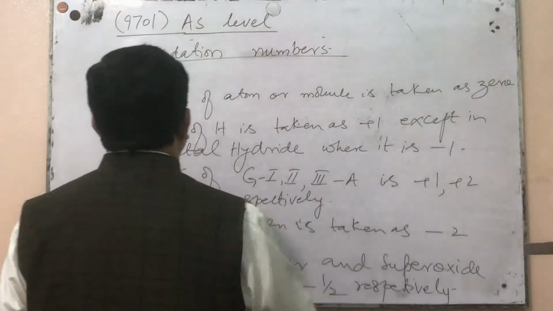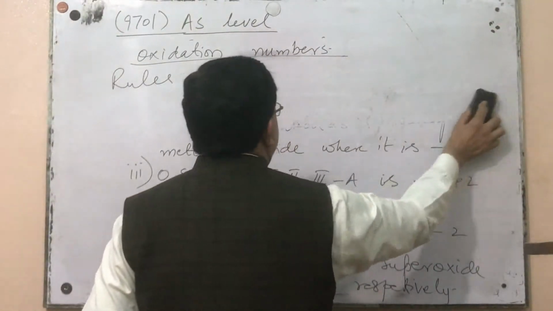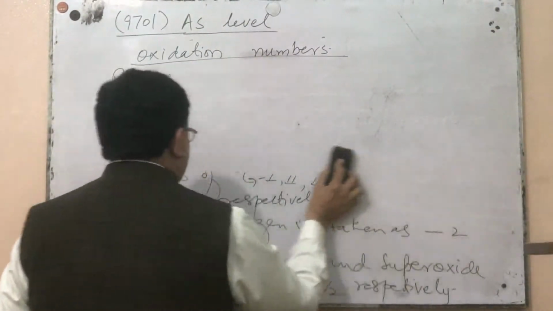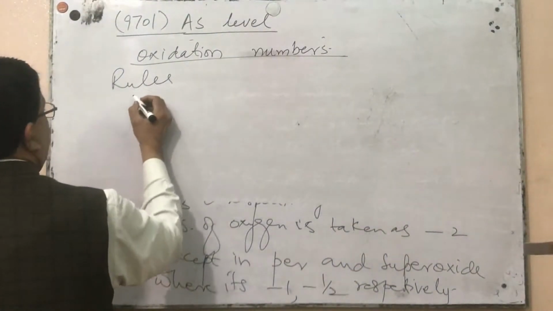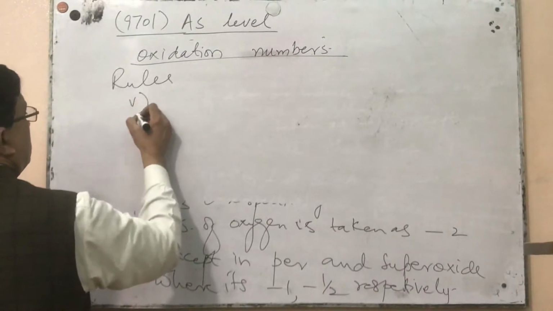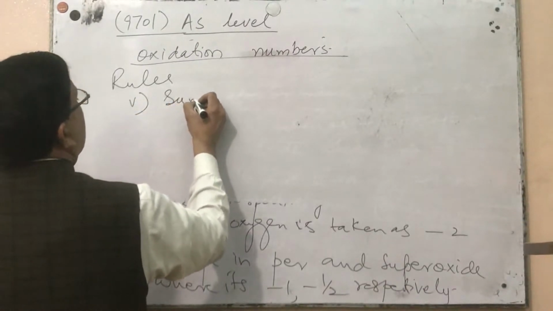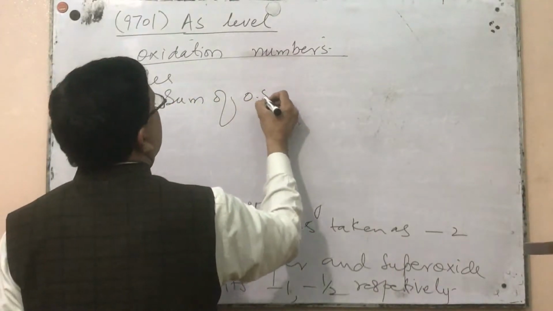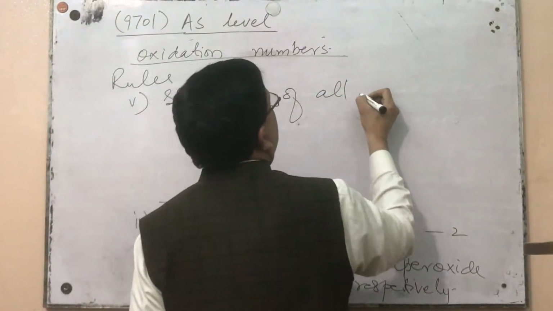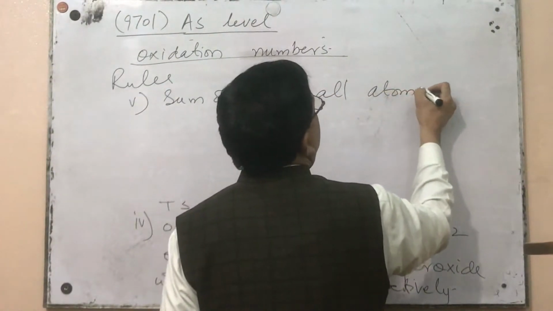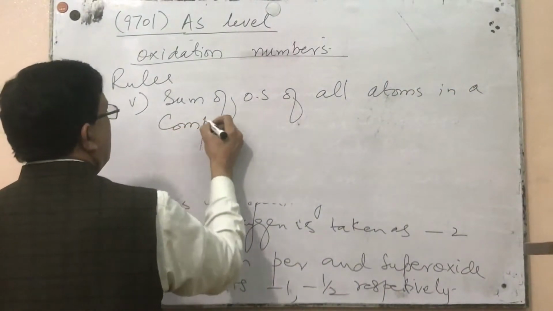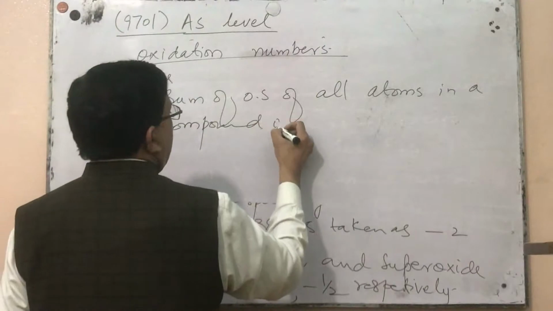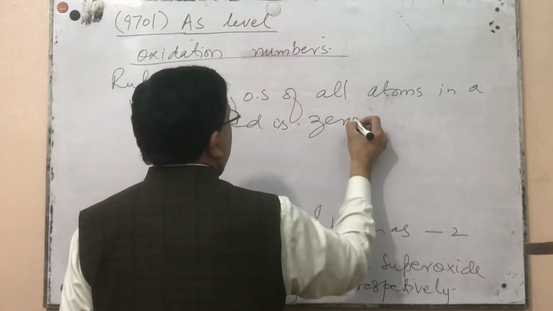Next is fifth: the sum of the oxidation states of all atoms in a compound is 0.